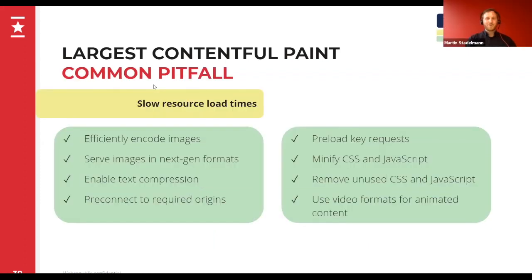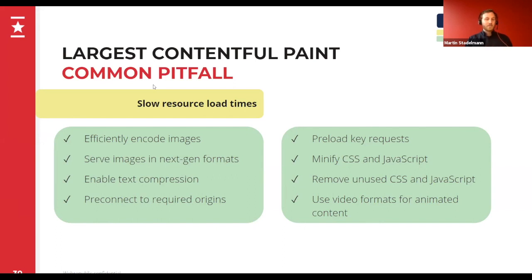Common pitfalls that we see in terms of Largest Contentful Paint are, in general, slow resource load times. So what does that mean? For example, we have images that are too large and not well compressed, or we have bloated JavaScript files that could be minified as well.